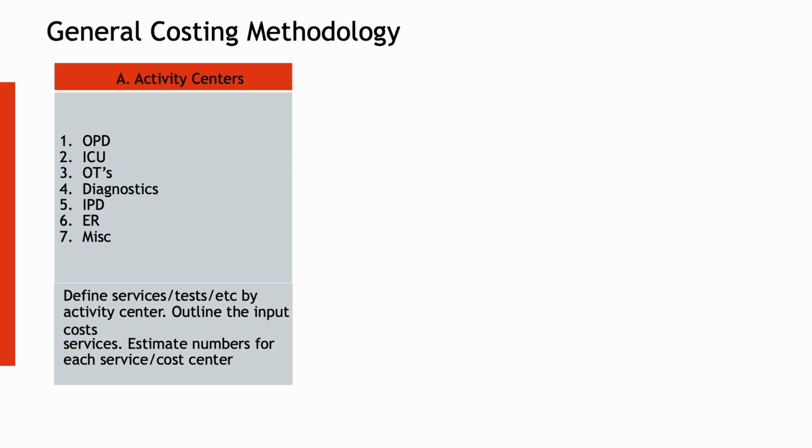And then they start collecting data on the services each of these activity centers provide. This data gathering will include details like patient visits, average number of procedures, tests, and the assessment and load in terms of the services associated with these activity centers.